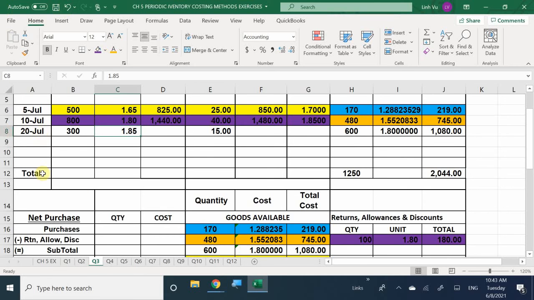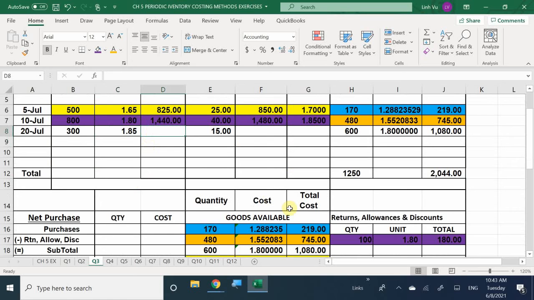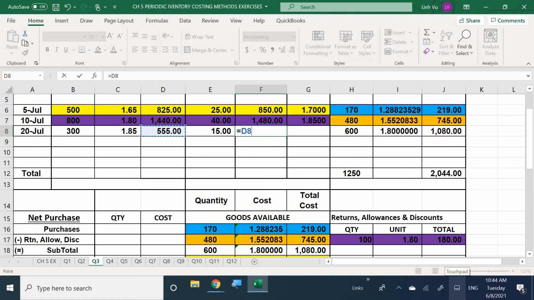Okay. So then what is going to be my purchase price here? I got $455. $555, good. Plus 15. Total cost is going to be 565. 570. Good.